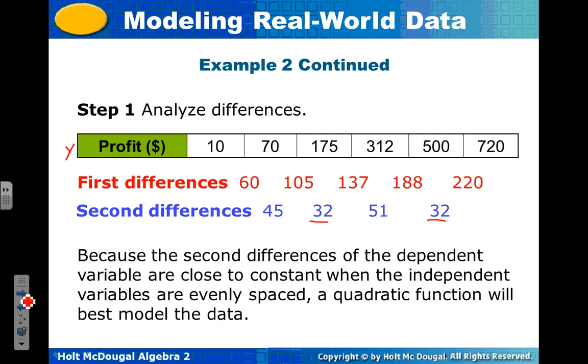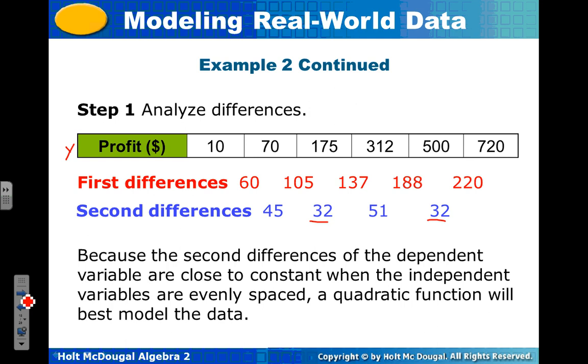Now, if you did the division, because you didn't think that was close enough, and you went 70 divided by 10, that'd be 7. And 175 divided by 70, that'd be 2.5. 7 and 2.5 are way off. And 312 divided by 175, you'd have 1.78.